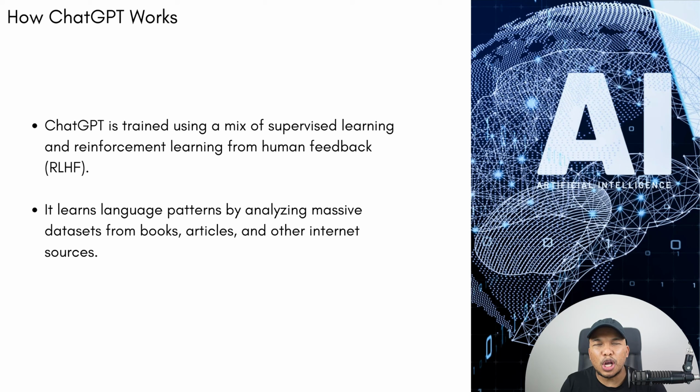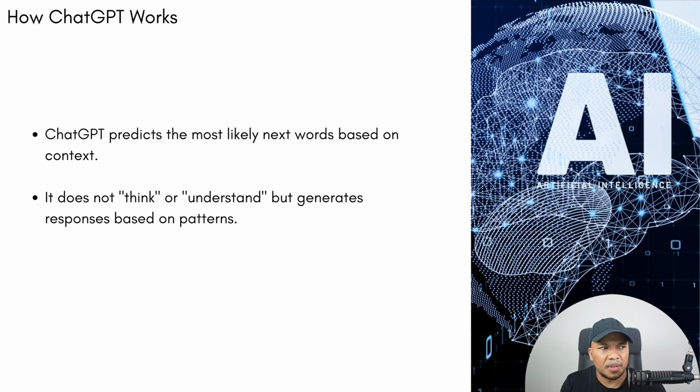So it learns language patterns by analyzing massive data sets from books, articles, scientific papers, and so on, and then other internet sources. And now ChatGPT can predict the most likely next words based on context. ChatGPT actually doesn't think or understand. It simply generates responses based on patterns.